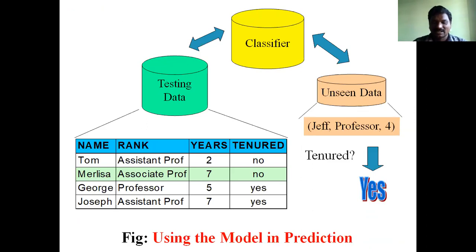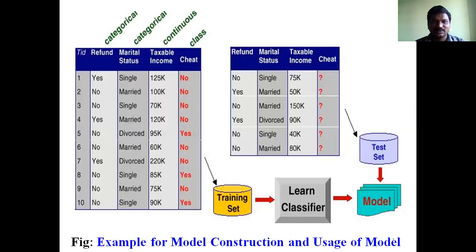Yes or no. Here is a simple example: TID, refund, marital status, taxable income, and then cheat or no, whether it is cheating or not. This is called the training data. I am giving the training data to the learner classifier, which produces some model.